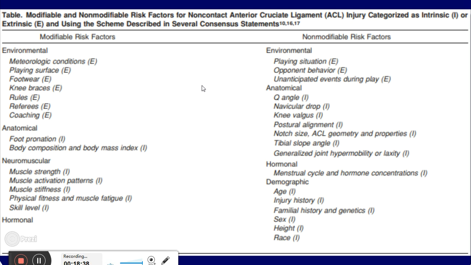Those things have a relationship to injury and are difficult to adjust and prevent. And then, once again, previous history of injury, age, those types of things.